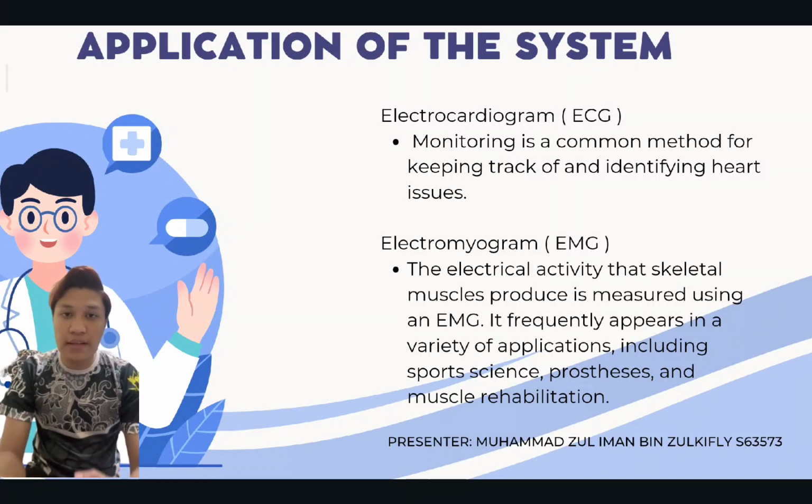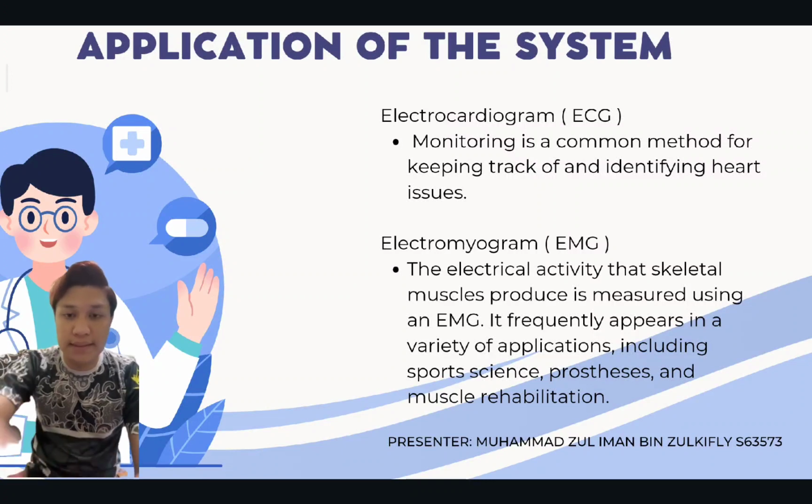The third is connect the amplified signal to Arduino analog input and convert it to a digital signal using the built-in ADC. The fourth is analyze the ECG waveform using digital signal processing techniques. The last one is visualize the ECG waveform on a computer screen or an LCD display.